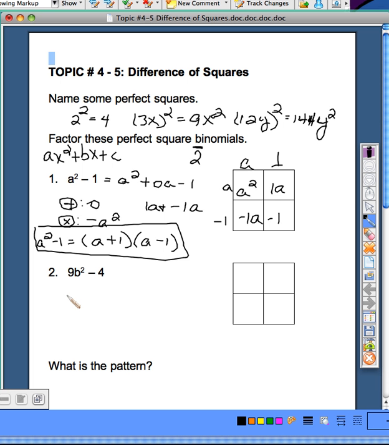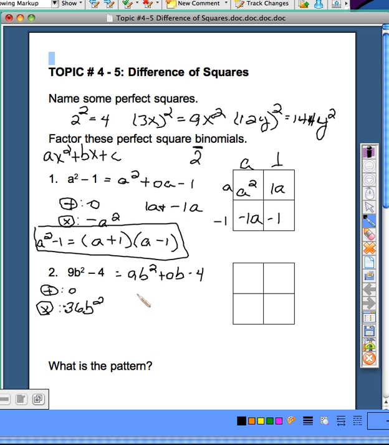All right, so let's do this one. We can rewrite it again as 9b squared plus 0b minus 4. Well, I need it to add to be 0, and I need terms that are going to multiply to be negative 36b squared.